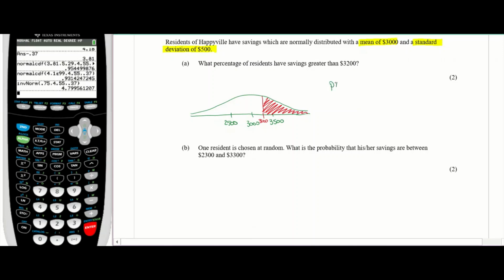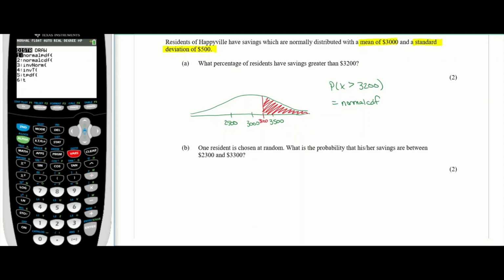So the probability of having savings greater than $3,200 is going to be normal CDF. This time my lower bound is 3,200. My upper bound, I don't have a specific value, so 1E99.